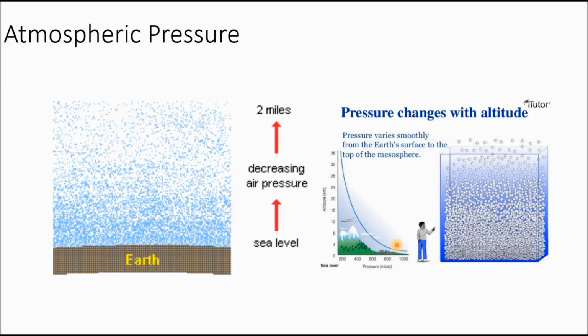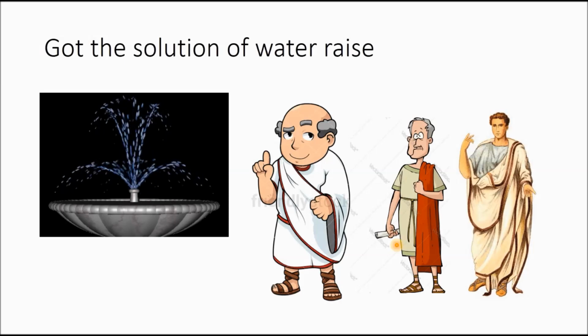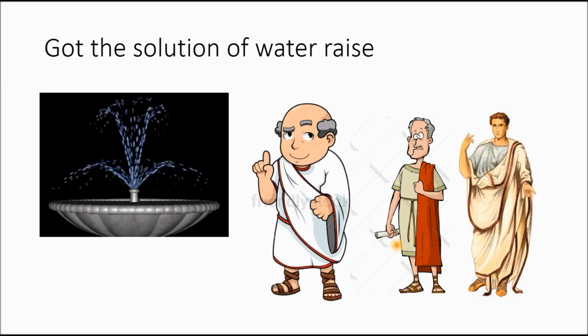That is what he showed. And now they got the solution from people, and they understood that because of the atmospheric pressure on the earth, we can get 10 meters for a natural fountain.